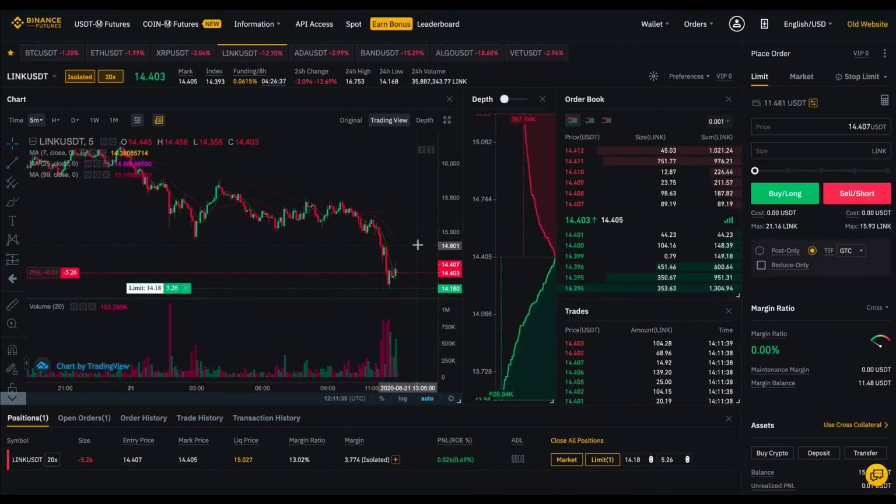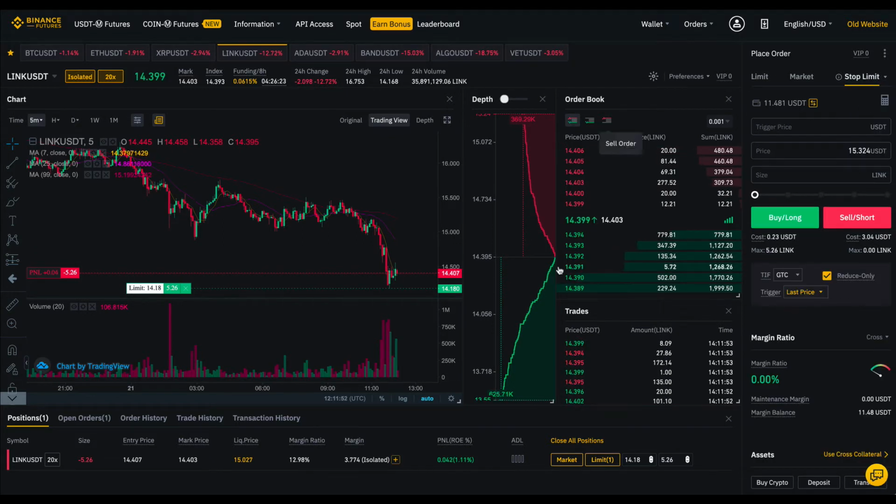And if I want to protect myself and say, if market comes up there I consider myself wrong, I want the stop loss, I can then use a stop limit. And once again, you'll see two prices. So where was that point again? 14.63.